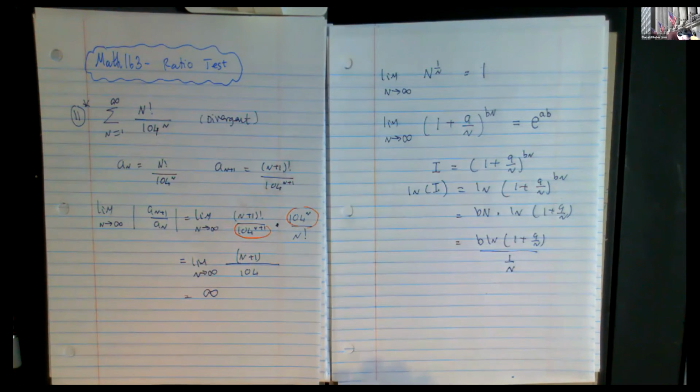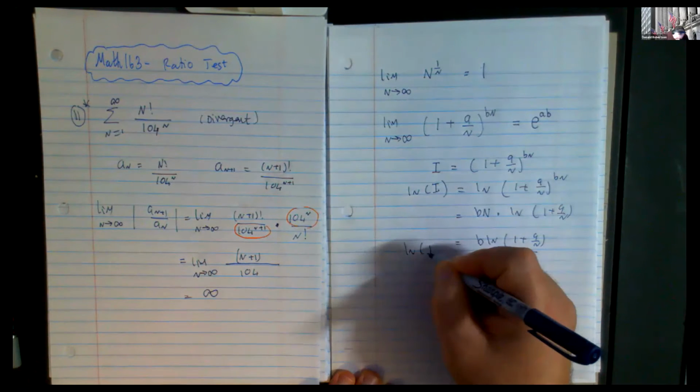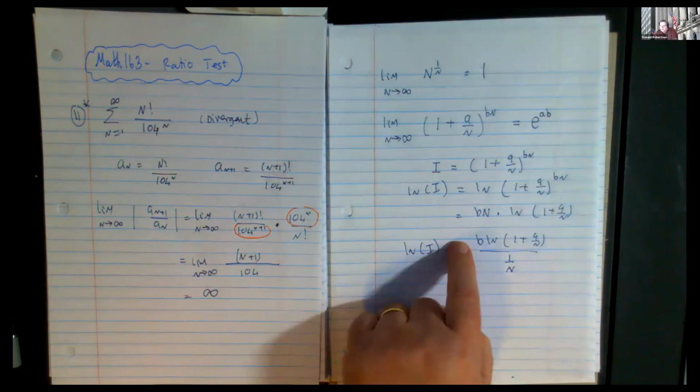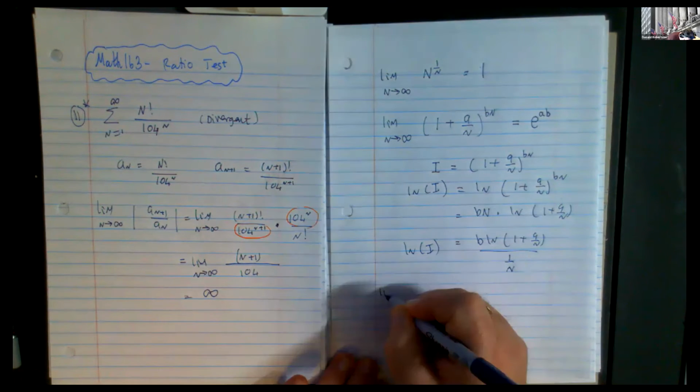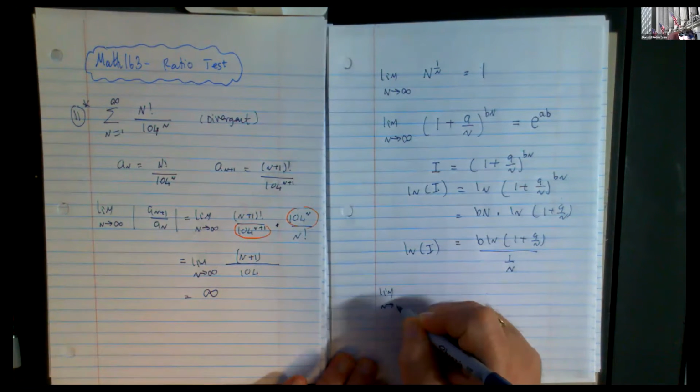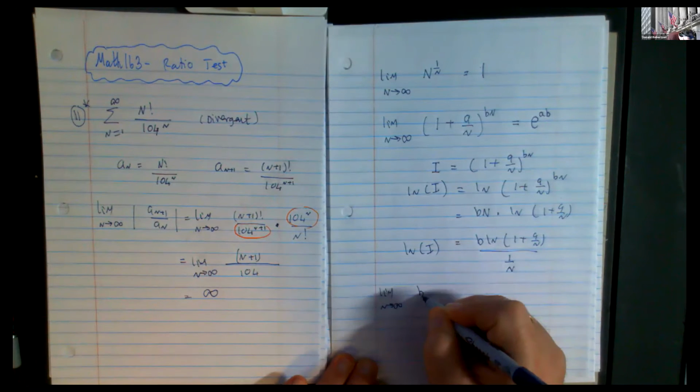So the natural log of I is this weird expression. You with me so far? You don't know why I'm doing this, but you're okay. It's true. So far, so good. Right, now, let's find the limit as n tends to infinity of this ugly guy.